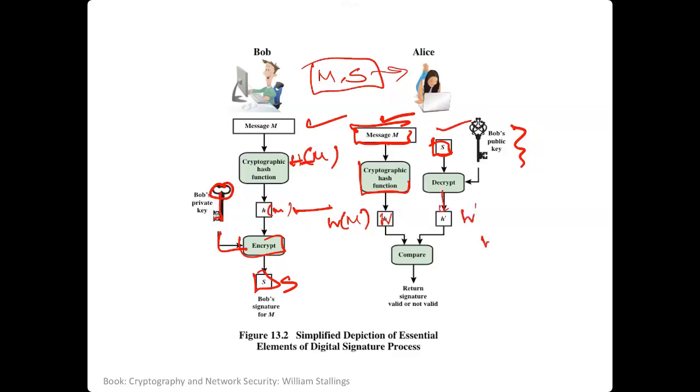If H is equal to H dash, then it verifies the signature. Okay, is it clear?